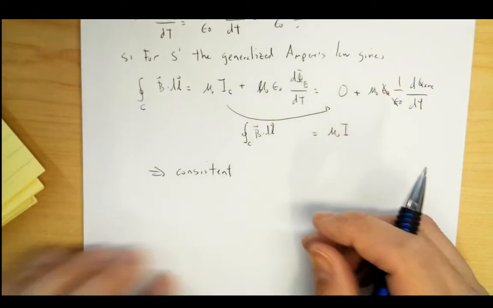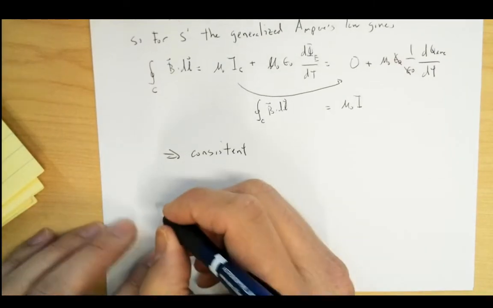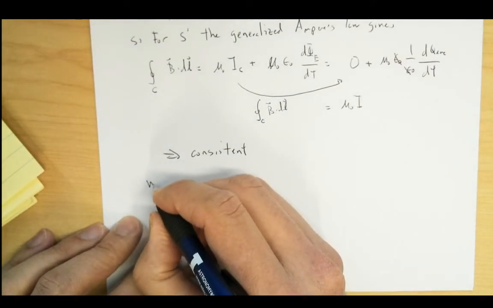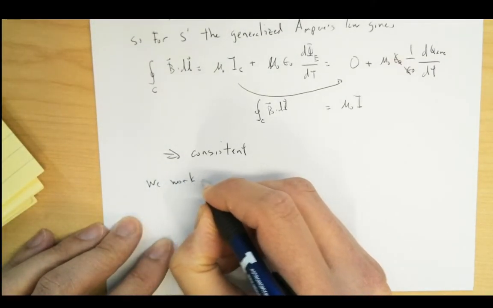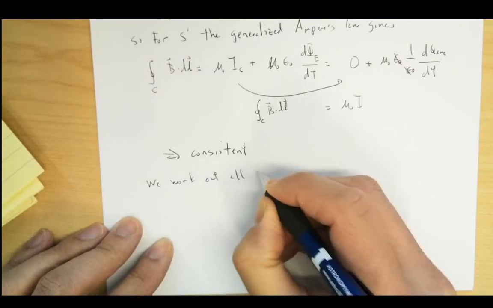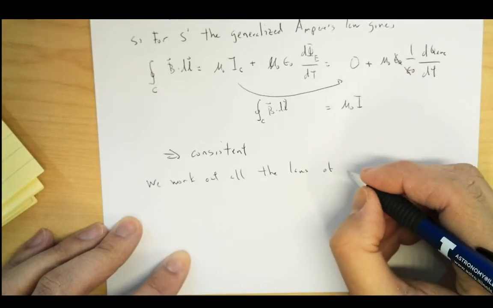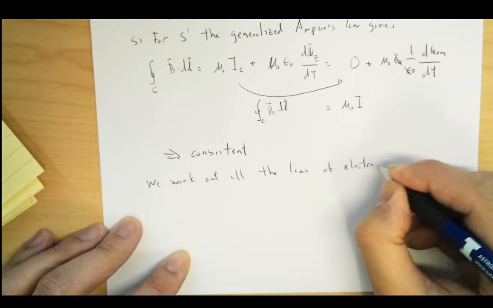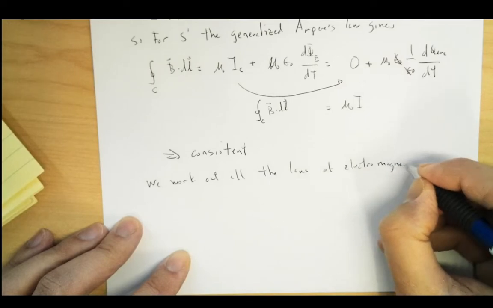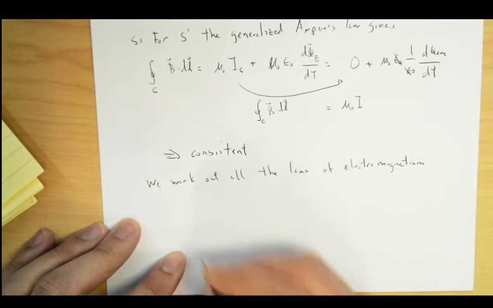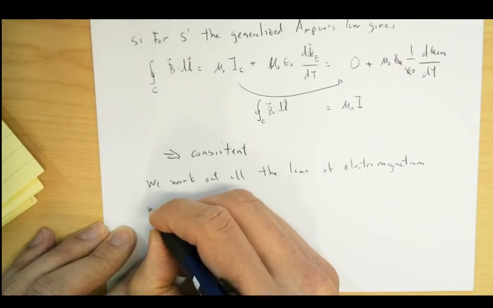Okay, so now let's put all the laws together. We worked out all the laws of electromagnetism. Let's write them down.